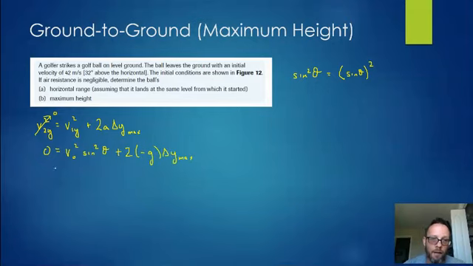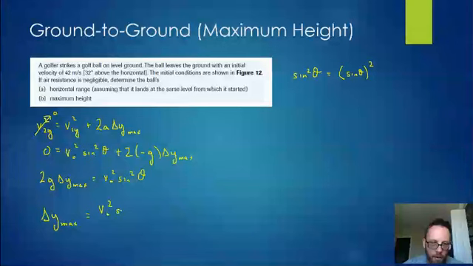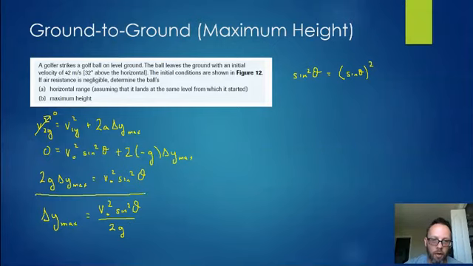If I move that second term to the left, I get 2g times delta y max equals v naught squared sine squared theta. Then I can get my expression for delta y max pretty easily. I just take v naught squared sine squared theta and divide it by 2 times the acceleration due to gravity. So it's pretty cool. This gives you an expression for the maximum height of a projectile.